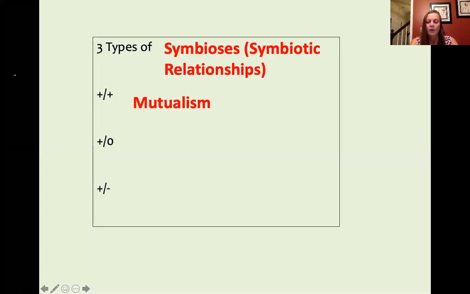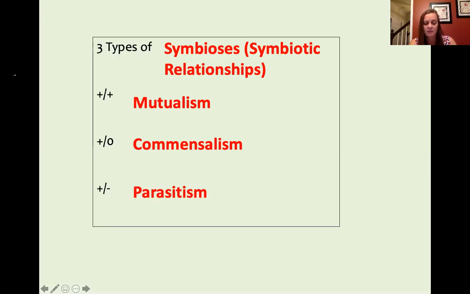So first one is something called mutualism. So in mutualism, both species benefit, okay? Then we have commensalism. In commensalism, one species benefits and the other species isn't impacted at all. It's just neutral. And then, of course, we have parasitism. And in parasitism, one species is benefited and one species is negatively impacted.